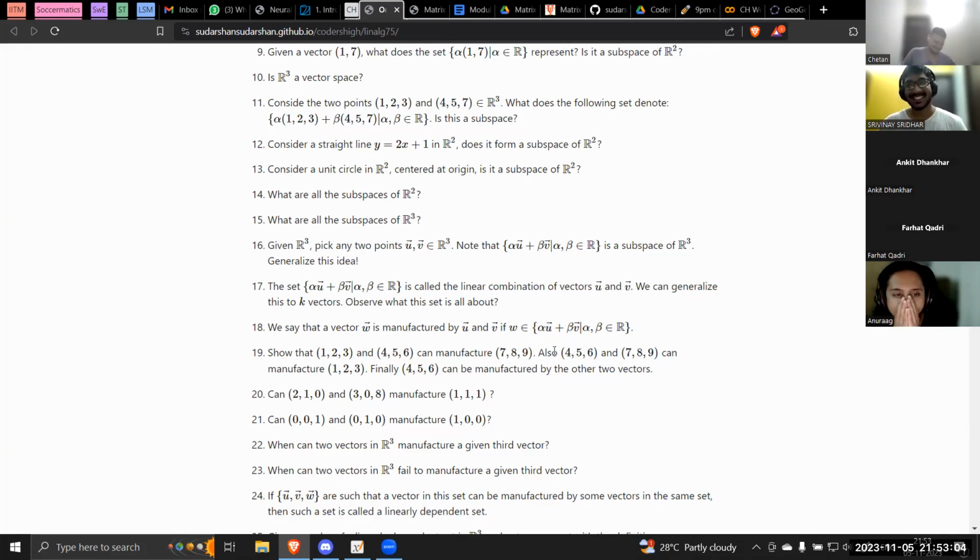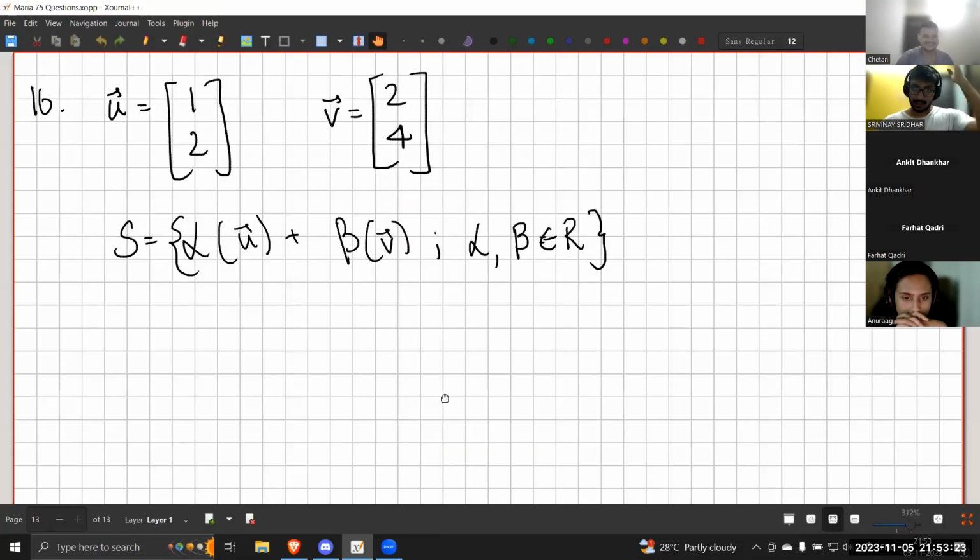Let me just change it quickly. We want two random points in R3. Vinay, can you continue? I'm quickly going to change it. Yeah, no worries. I think we've already taken an example, but maybe we can start from here as well.